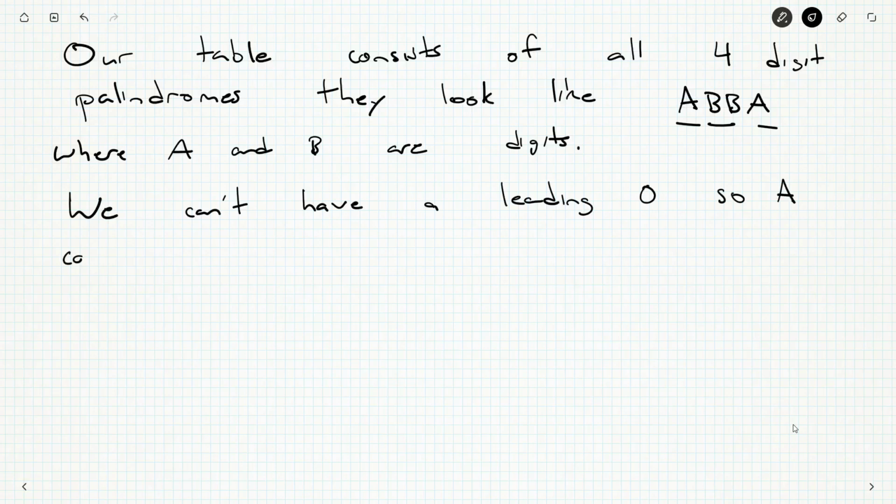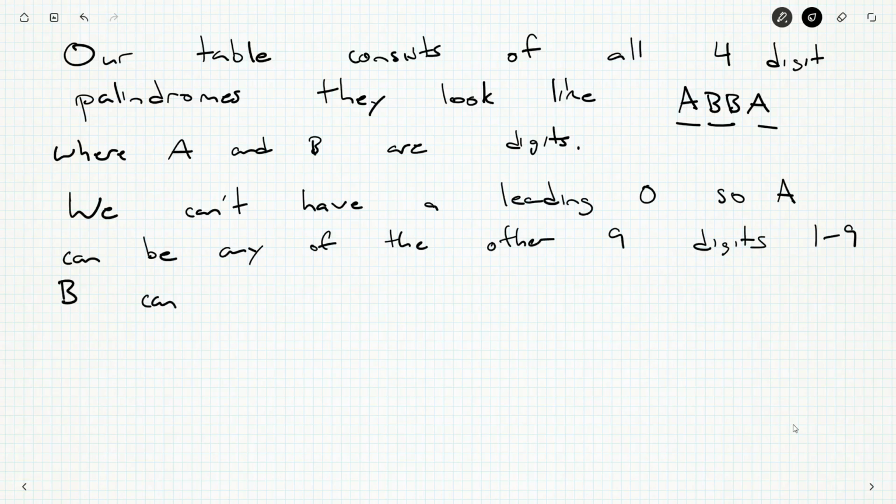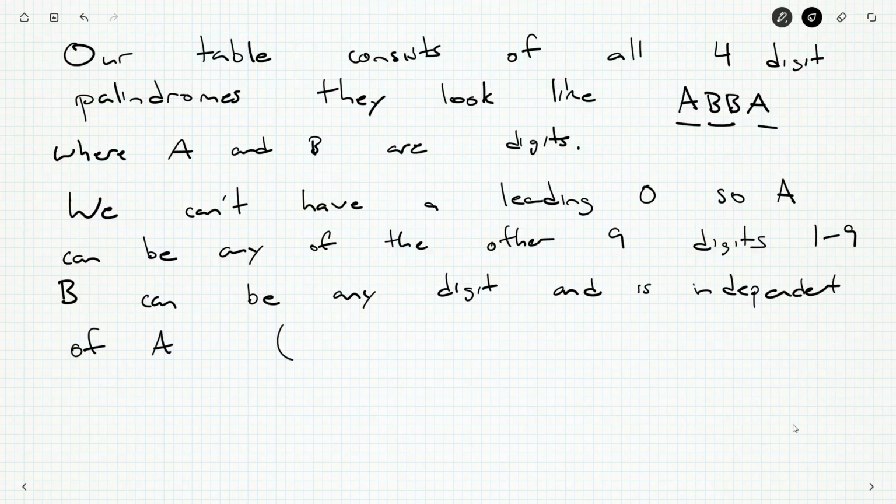So A can be any of the other 9 digits, 1 through 9. B can be any digit and is independent of A. So it could be 0 through 9.